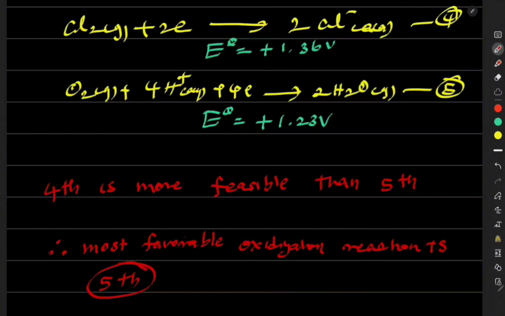If we compare these two, the reduction potential of the fourth reaction is higher than that of the fifth. The fourth reaction undergoes reduction quickly, but here we need to find which undergoes oxidation quickly. Therefore, the fifth reaction is more suitable.